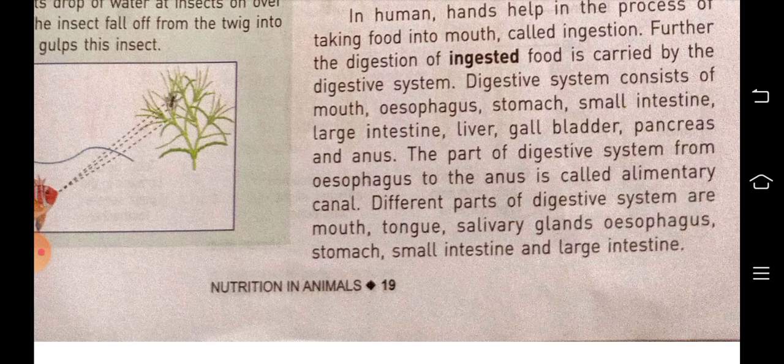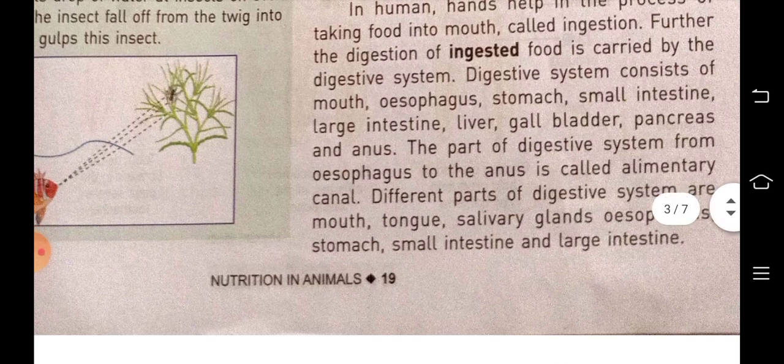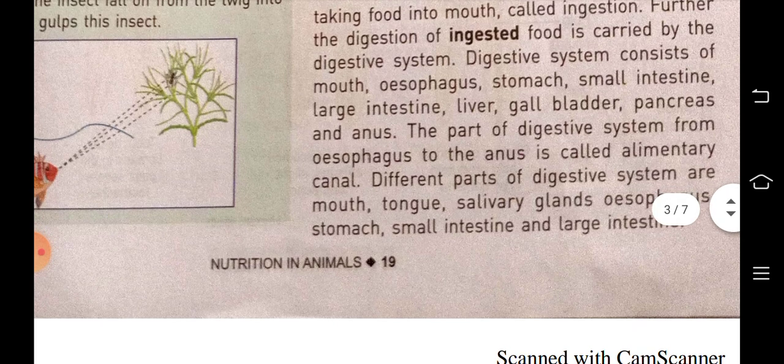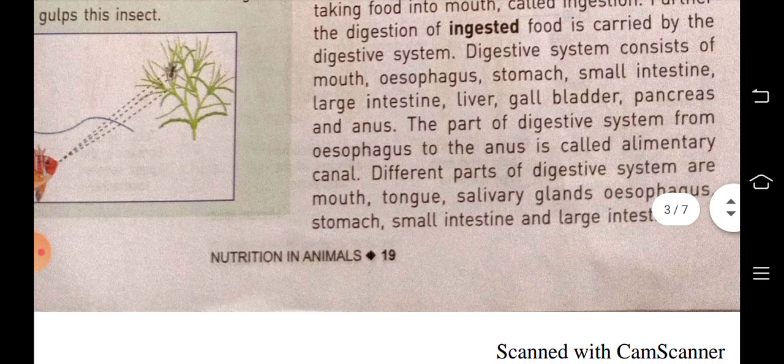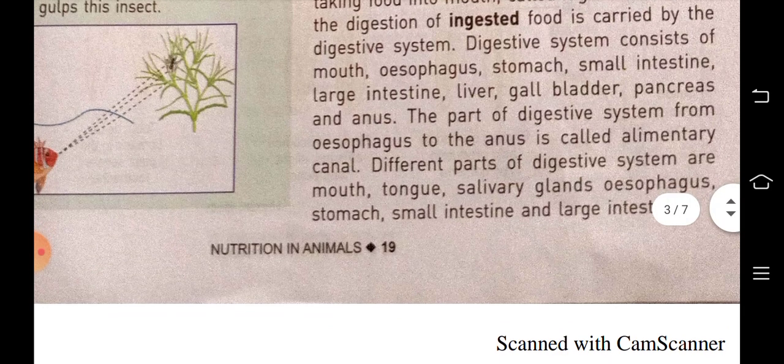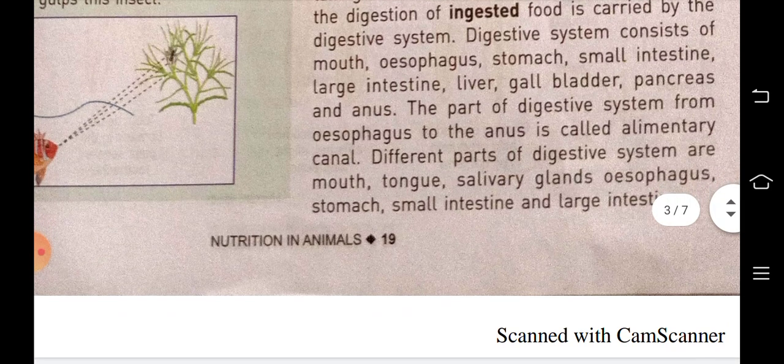Then further, the digestion of ingested food is carried by the digestive system. So digestive system consists here of mouth, esophagus or food pipe, which connects mouth to stomach is known as food pipe or esophagus.